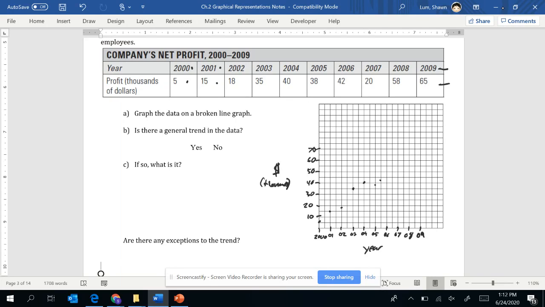Oops, I need to follow those lines a little bit better. 2007 and 20. 2008 and 58. 2009 and 65. And I definitely missed some of my lines, got them a little bit mixed up. So, anyways, then connect the dots on your graph.